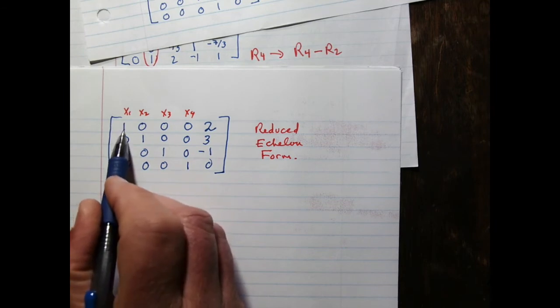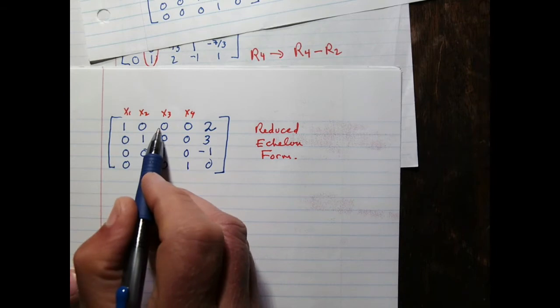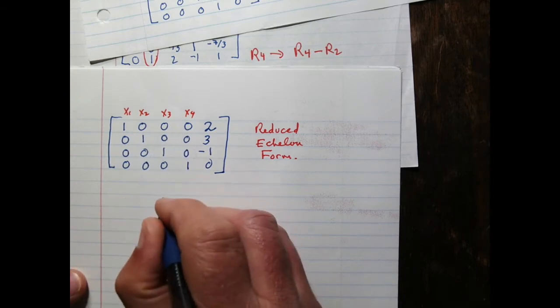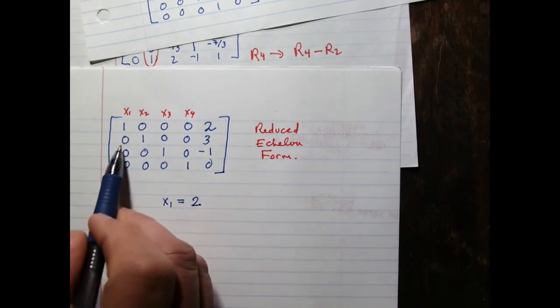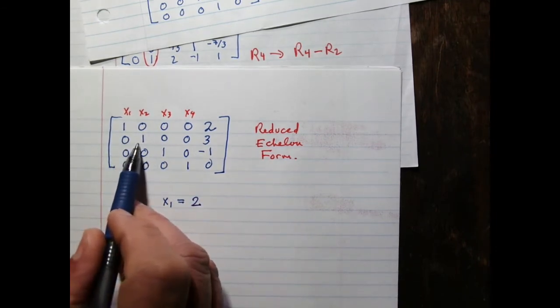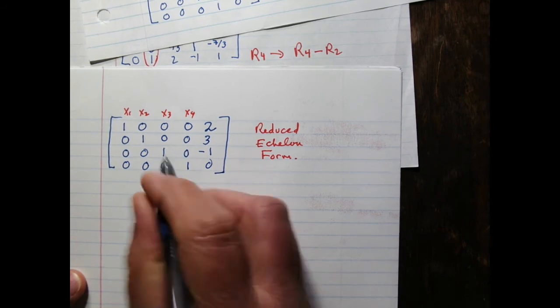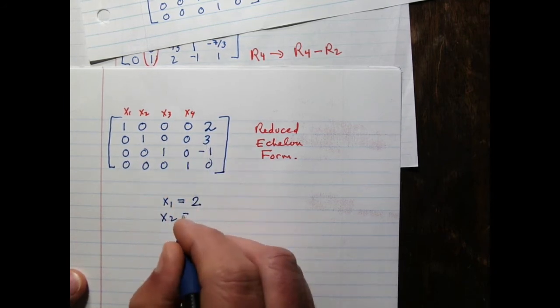So this first row is 1x1 plus 0x2 plus 0x3 plus 0x4. That's just x1 equals 2. The second row, 0x1 plus 1x2 plus 0x3 plus 0x4 equals 3.